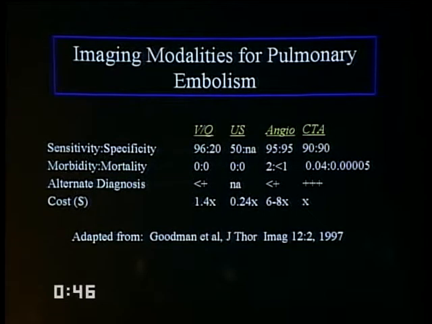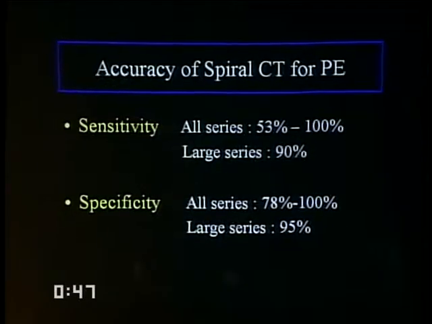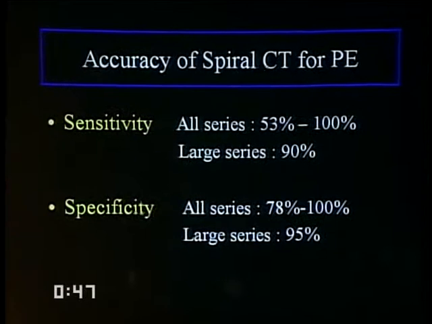And I think this is one reason it's become so very popular with our clinicians, is that we will often be able to determine the cause of the patient's symptoms from the CT scan. This is adapted from an article by Dr. Goodman. So, putting together all of the recent series, the sensitivity has been described anywhere from 53 to 100%, and the lower sensitivity numbers date from the earlier days when people were using thicker sections and even hard copy for interpretation.